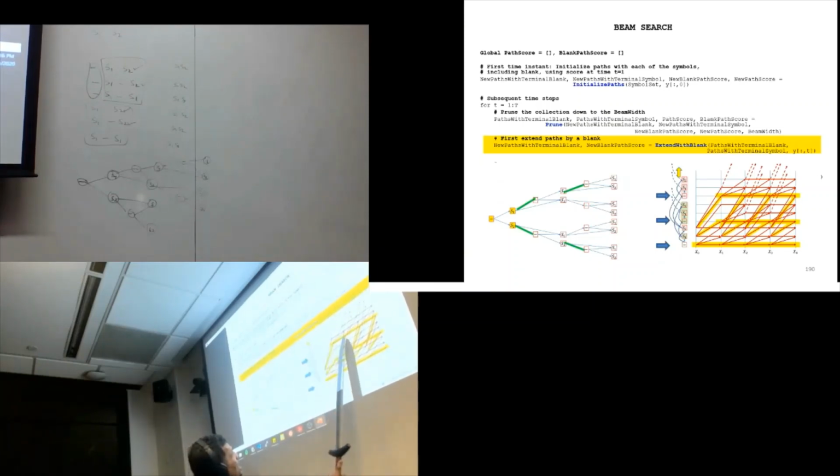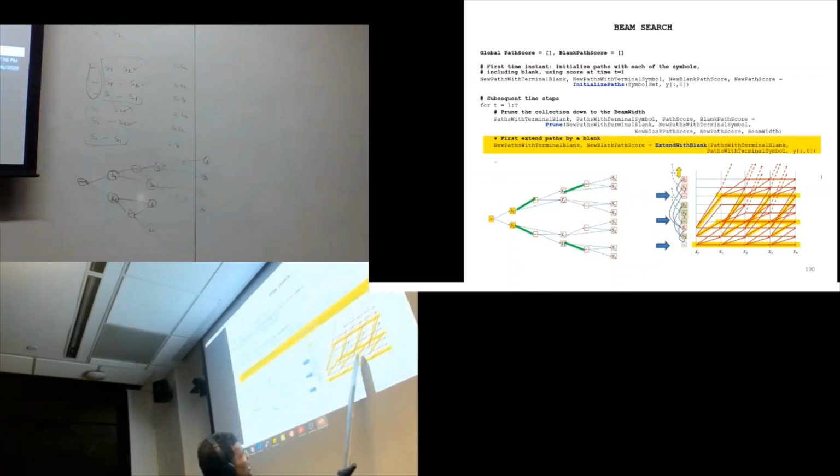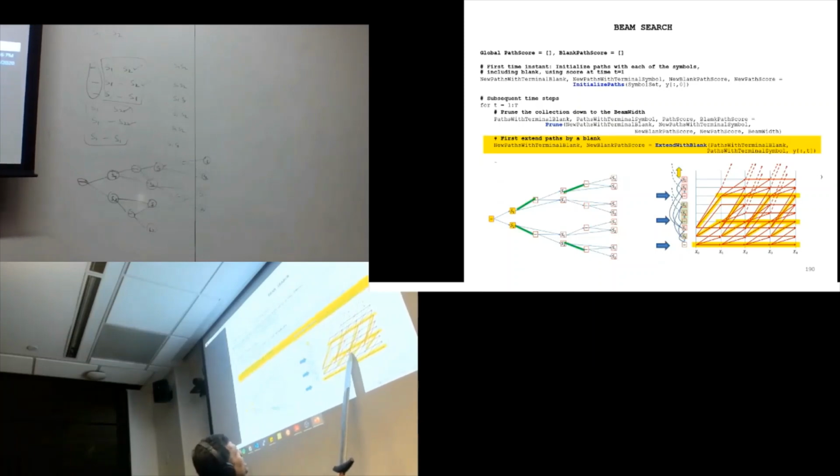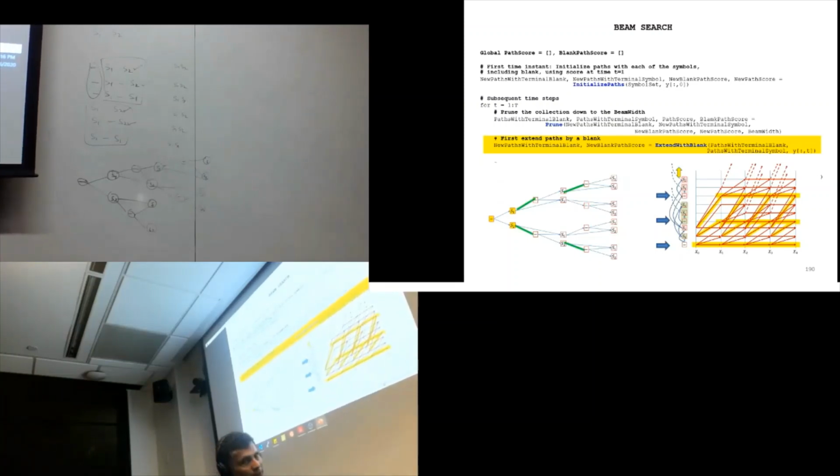So here's what happens. Let's say you're at this time instant. You're going to extend all paths which go into the blank rows at the next time instant. So you'll be computing this guy. You're going to be computing this guy, and summing the two over here. You're going to be computing this guy, and summing the two scores over here. So that is the extension with blanks.